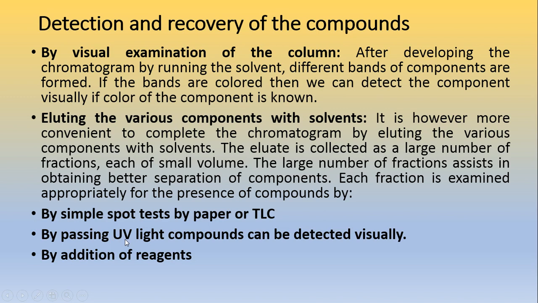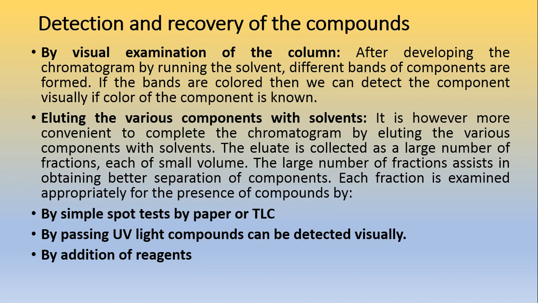So ultraviolet light which is passed through these fractions which contain these compounds can be detected visually. Also, we can apply some reagents. When these reagents react with these compounds in different fractions, they give specific reactions and show different colors or precipitate.